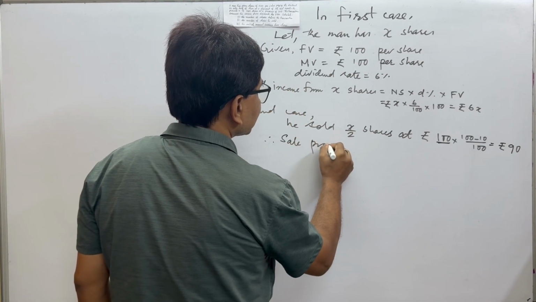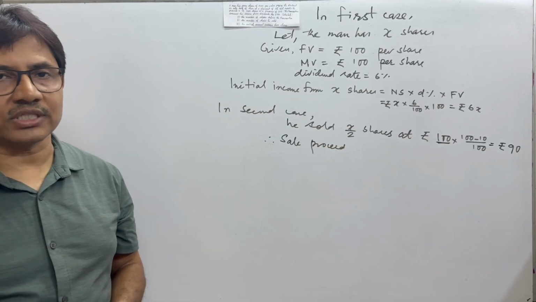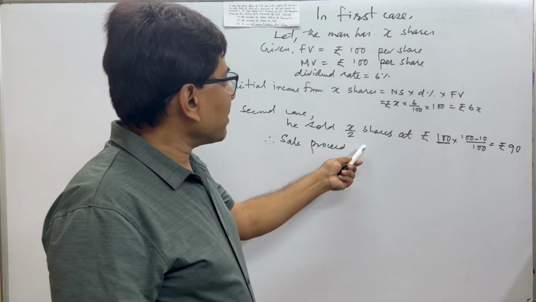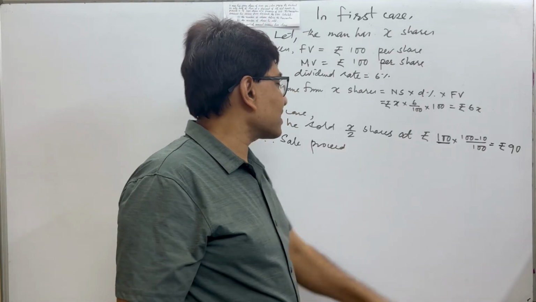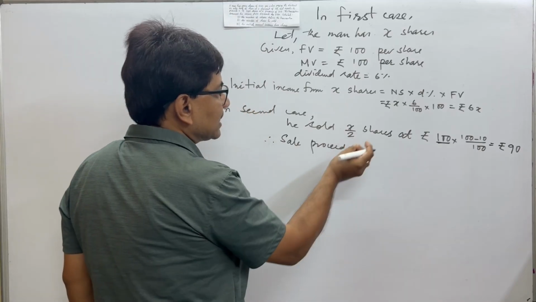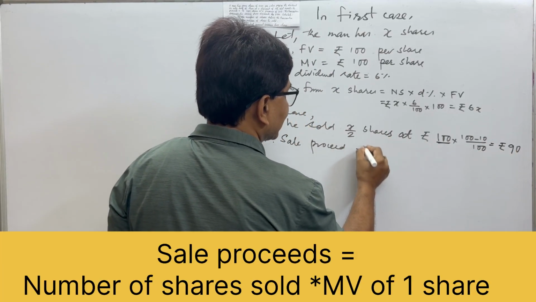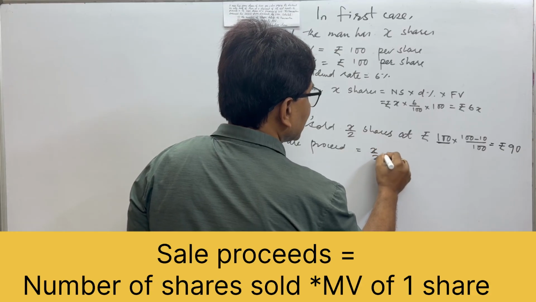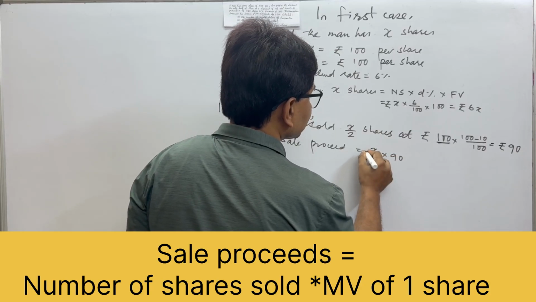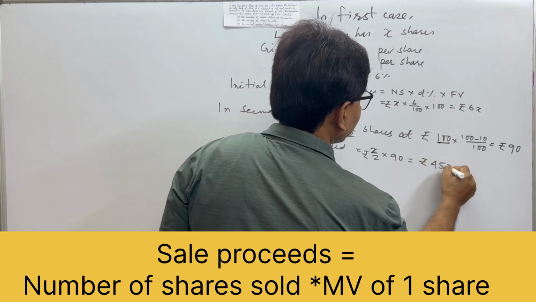Sell proceed. Sometimes students are confused, what is this sell proceed? Sell proceed is nothing but the number of shares sold at market price. It is the total value after selling a certain number of shares at market price. So here sale proceed is x by 2 into 90, equals rupees 45x.